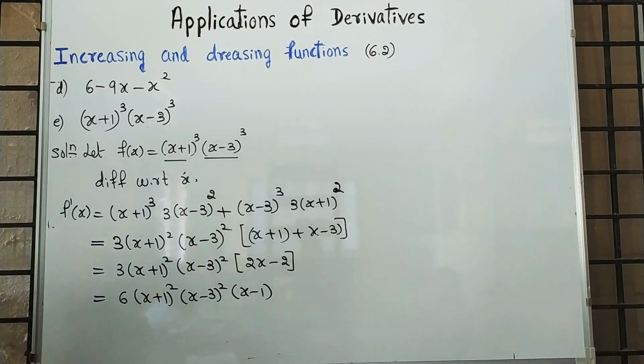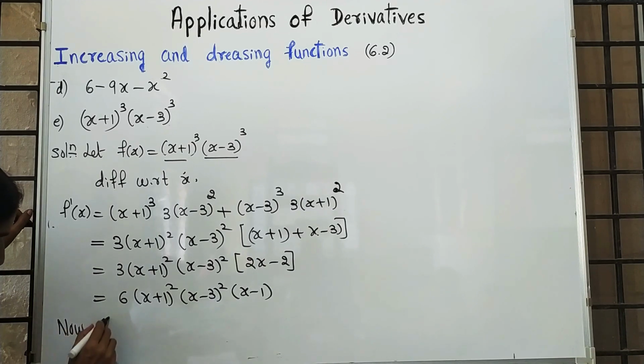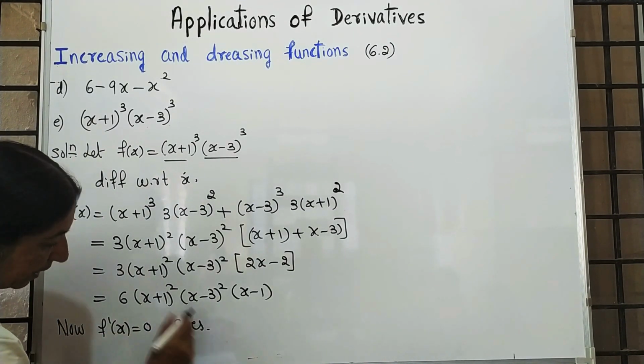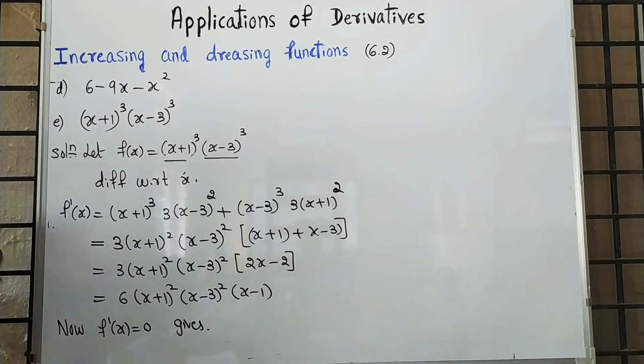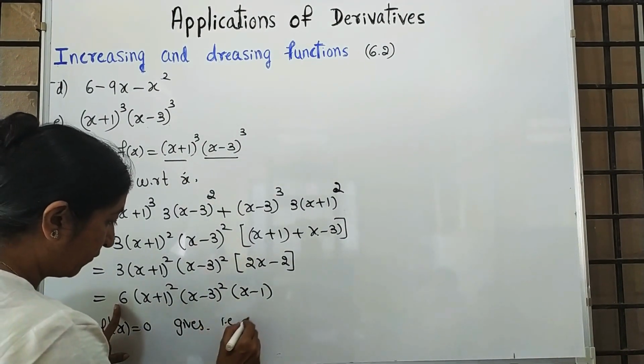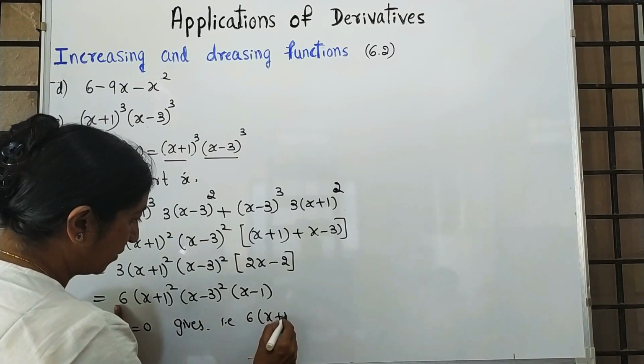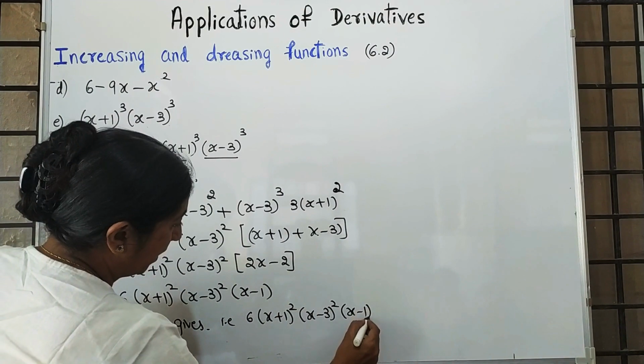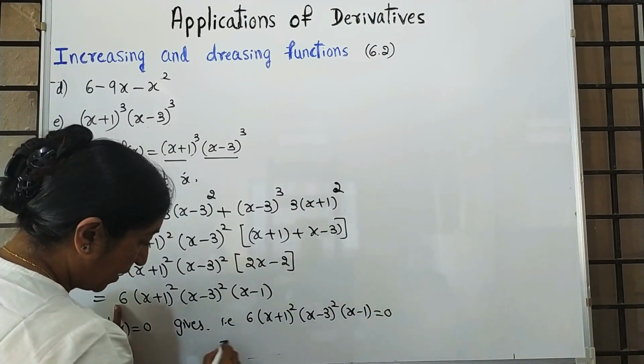We have to equate the first derivative with 0. Now, f dash of x is equal to 0 gives 6 into x plus 1 whole square, x minus 3 whole square, x minus 1 is equal to 0. That means we have to equate all the terms with 0.